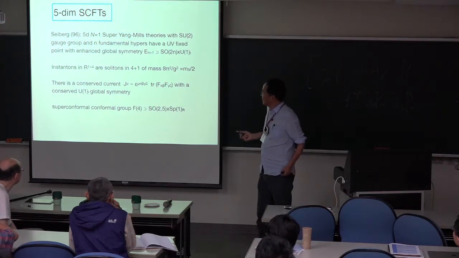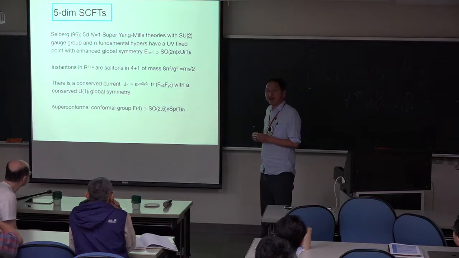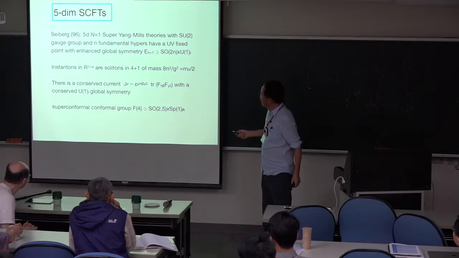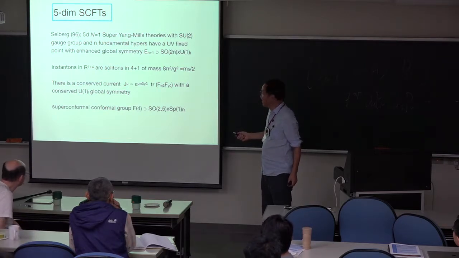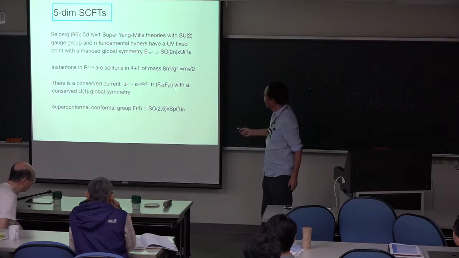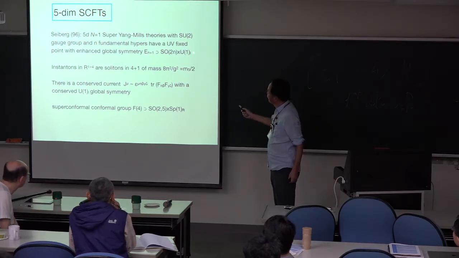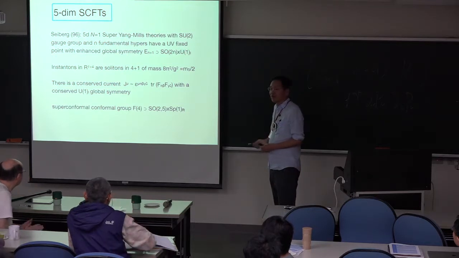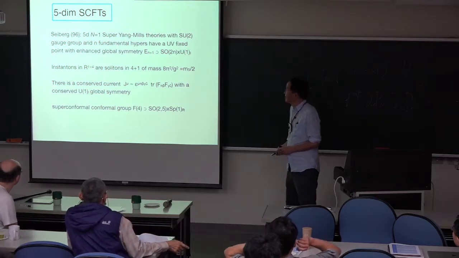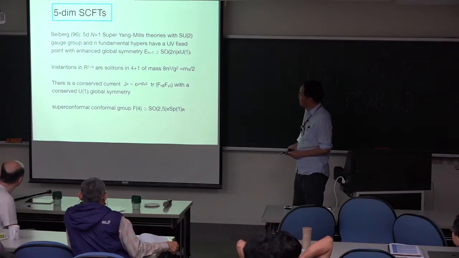Because the instanton number is topological, there is a conserved charge, and also a conserved current, which is basically proportional to this topological current. And so there is a conserved U(1) charge, a U(1) global symmetry, and then there is the SO(2N) flavor symmetry. They merge into a single exceptional global symmetry.